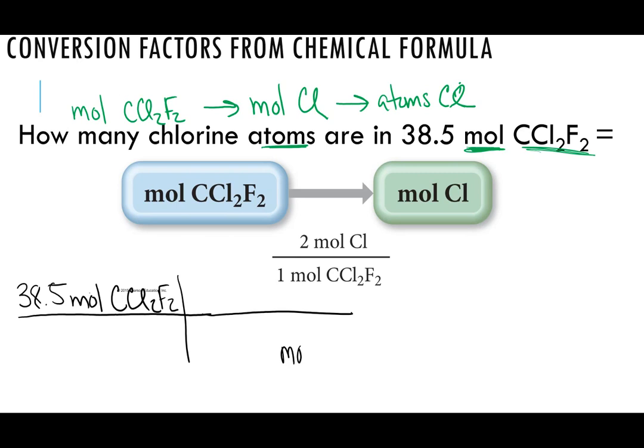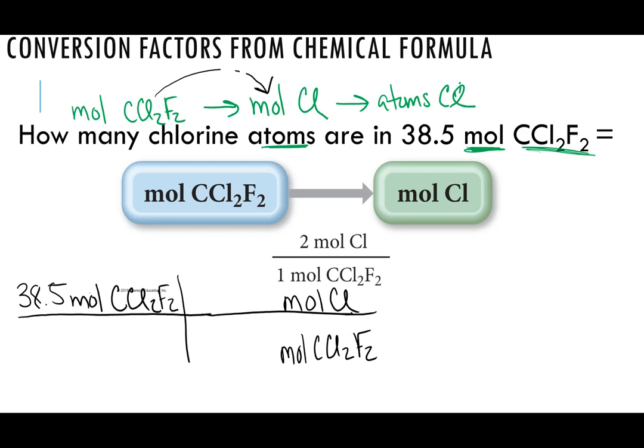Well, it's going to be moles of the compound, whatever it is we're trying to eliminate or get rid of. What's our destination in this first step? What's the first unit that we're going to put on top? Yeah, we're going to put moles of chlorine on top. That's our destination. Okay. So mole on top, mole on bottom.